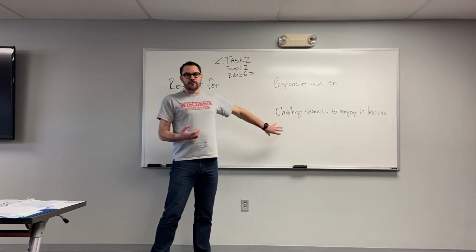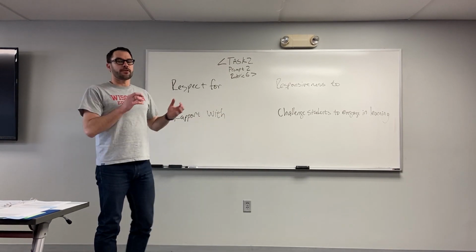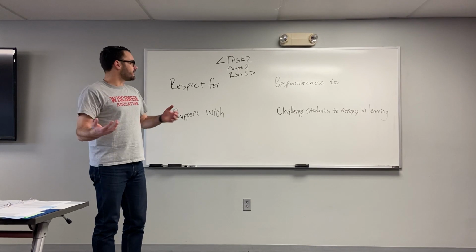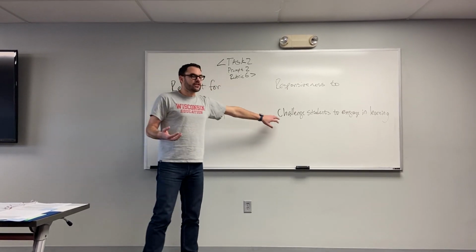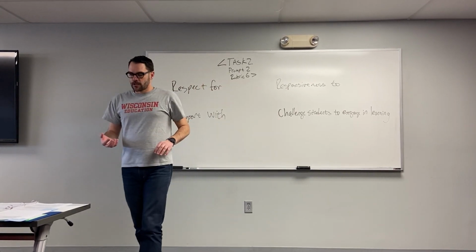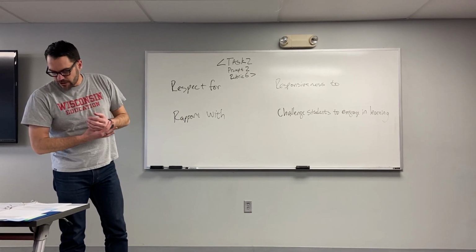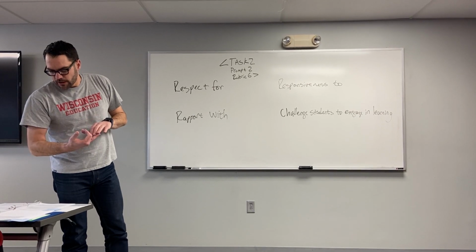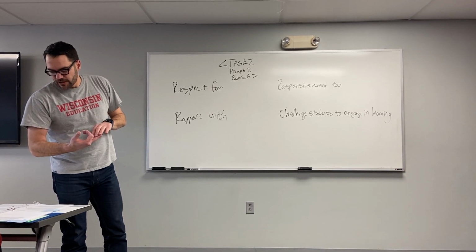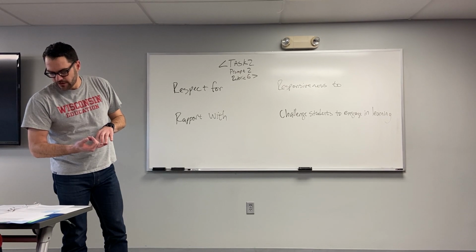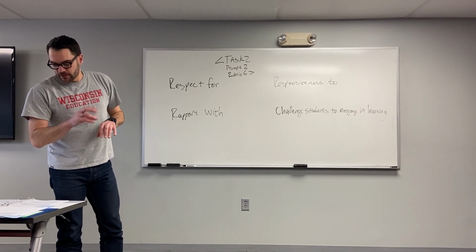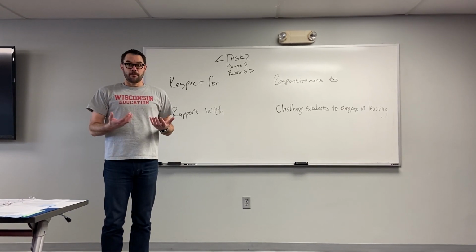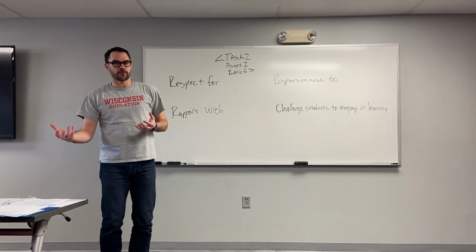The final piece is a place where you would be able to move from a 3 to a 4 or a 5 on your edTPA response for this rubric. That is to challenge students to engage in learning. Looking at Understanding Rubric Progressions once again, it says that you are doing things such as asking higher order thinking questions, helping students apply their initial thinking to another context, and using wait time when students couldn't initially respond to the question.